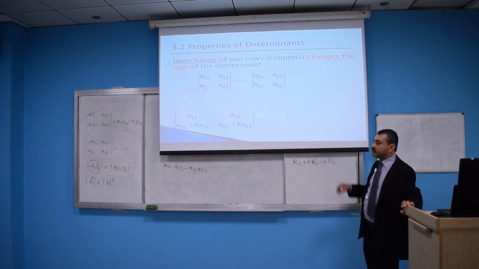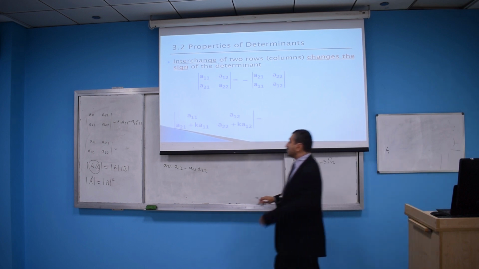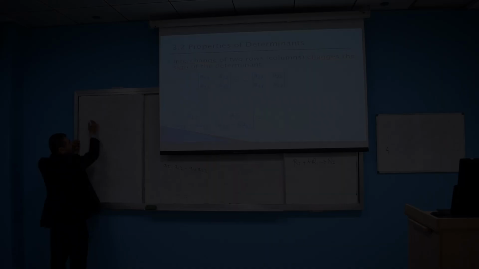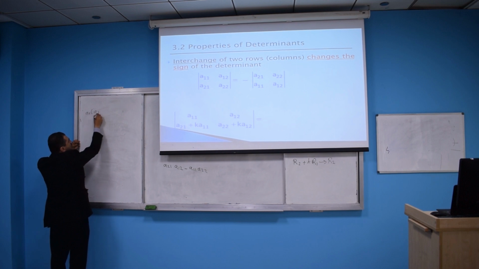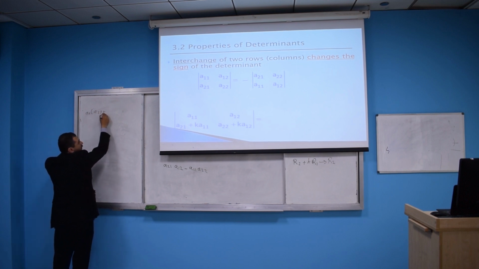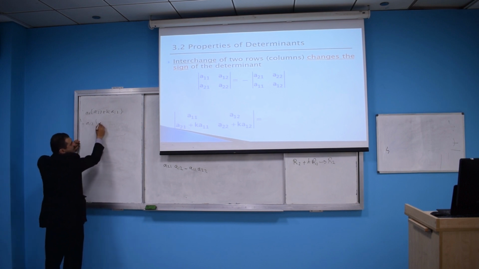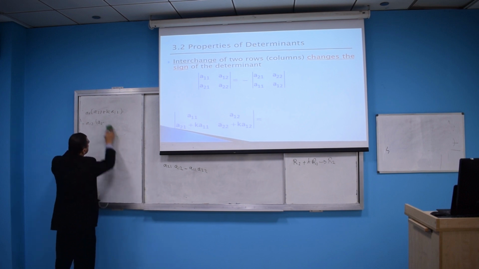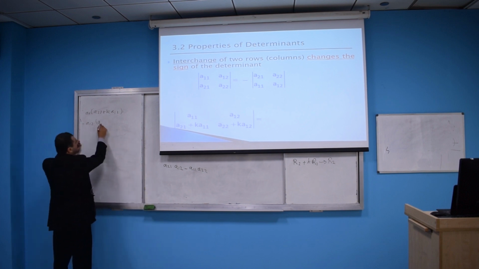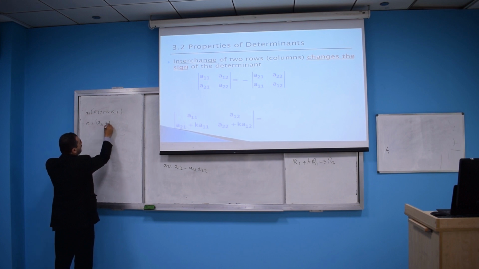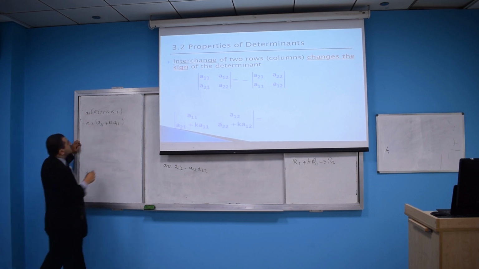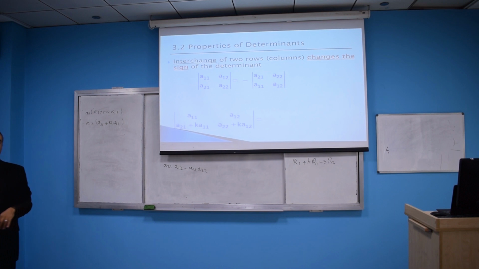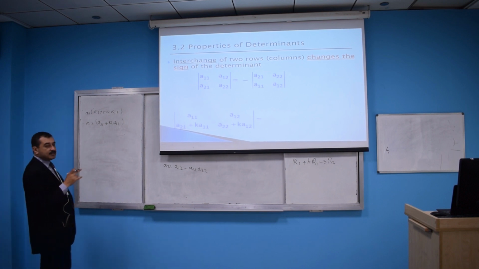What about the value of the determinant here? Let's expand to find the value of the determinant. So we'll get A11 times (A22 plus K A12) minus A12 times (A21 plus K A11). Can you cancel anything here?